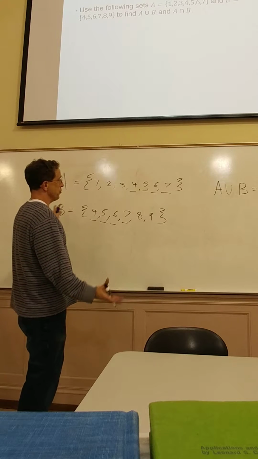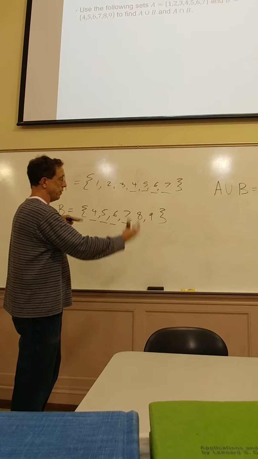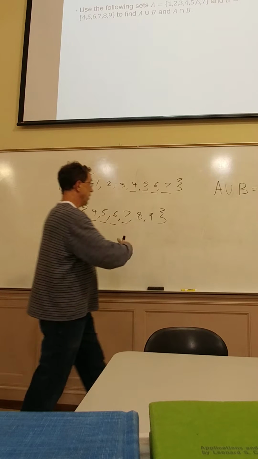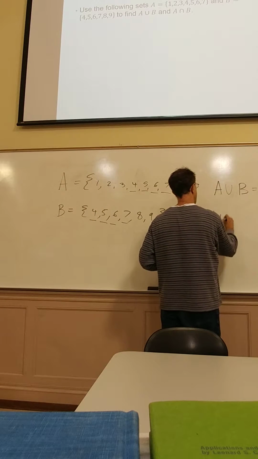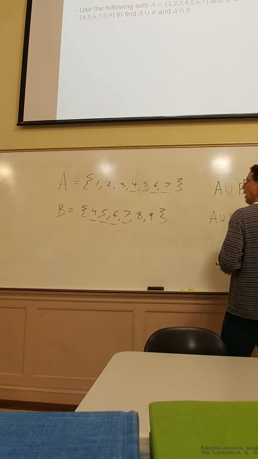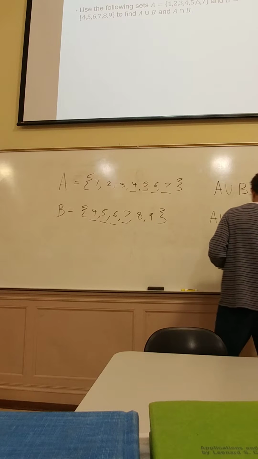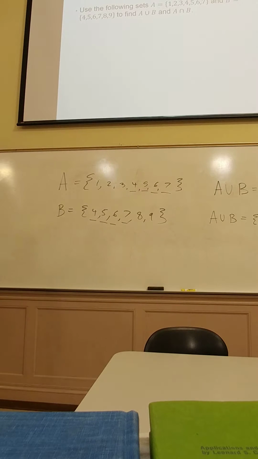And the union is almost like joining the two sets together as one and not writing down duplicates. So A intersect B would be just 4, 5, 6, and 7. I'll pull that up here too.